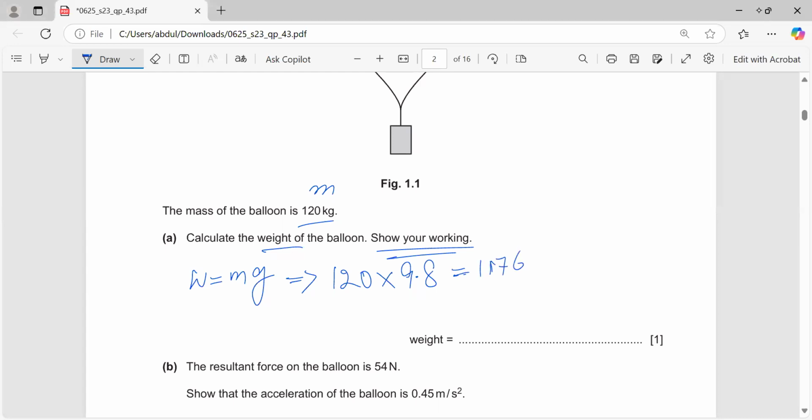You are not supposed to write this whole answer as it is, because we cannot write 4 significant figures in our answer. So either you can write 1180 Newton, or you can round it off to 1200 Newton. I prefer to write 1180 Newton.